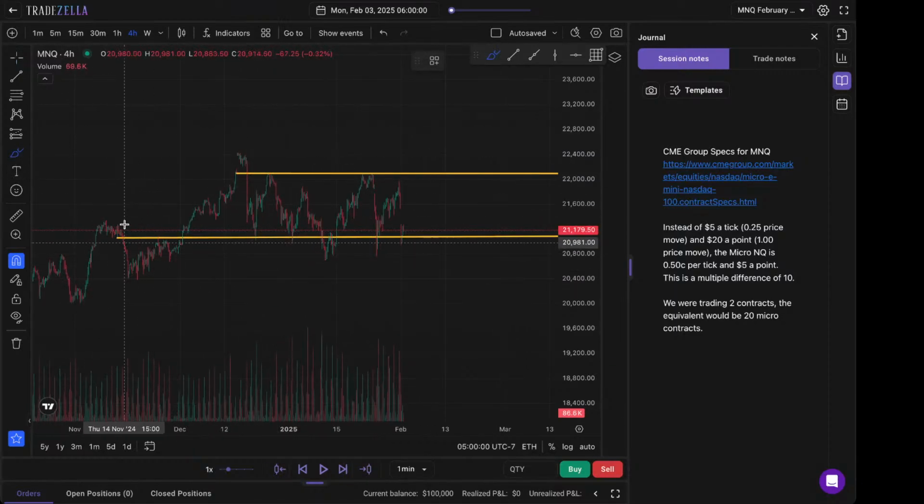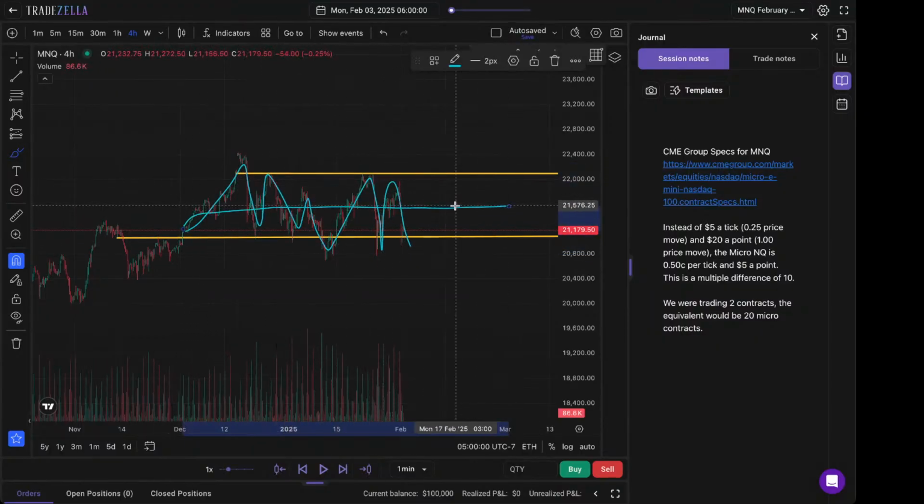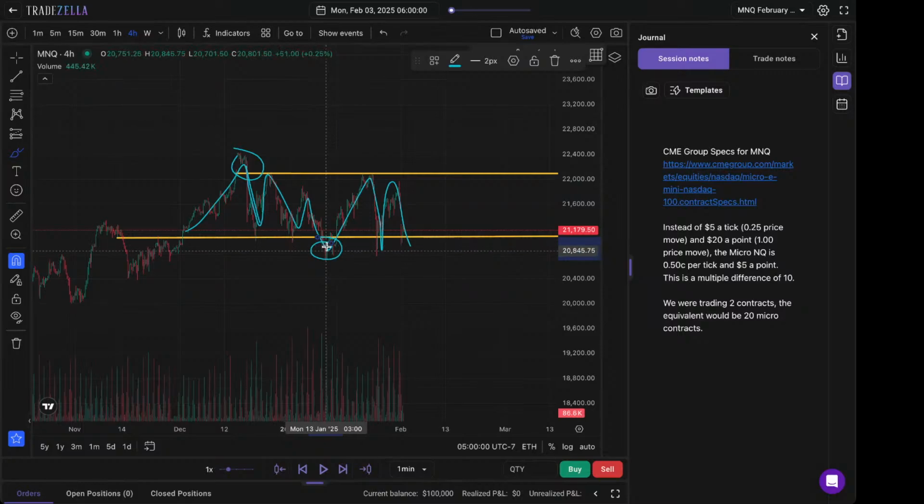We're just kind of in this channel. Equilibrium. Price loves it right here. So point of control, kind of what they would, right here in the middle. Every time it gets out, pulls it back in.